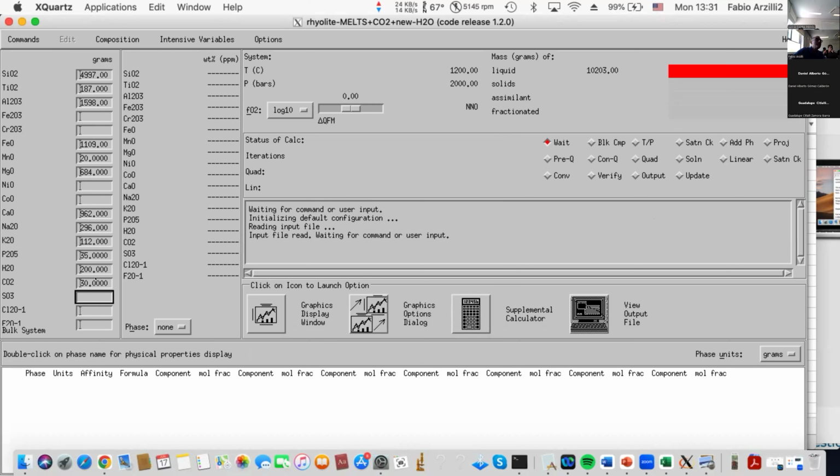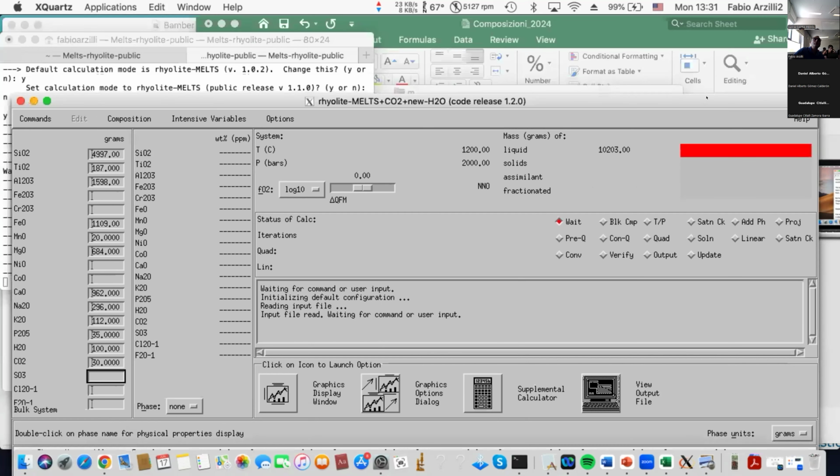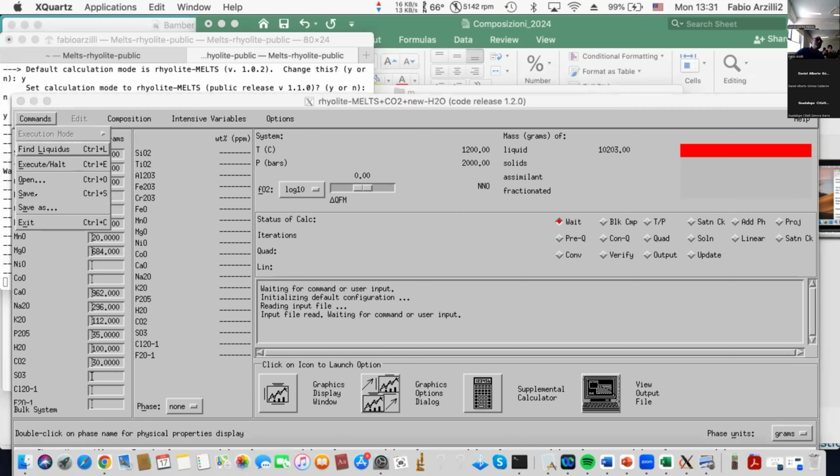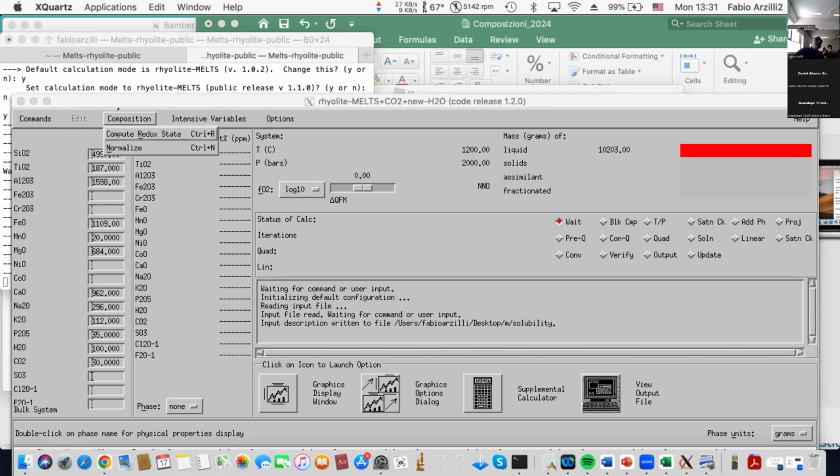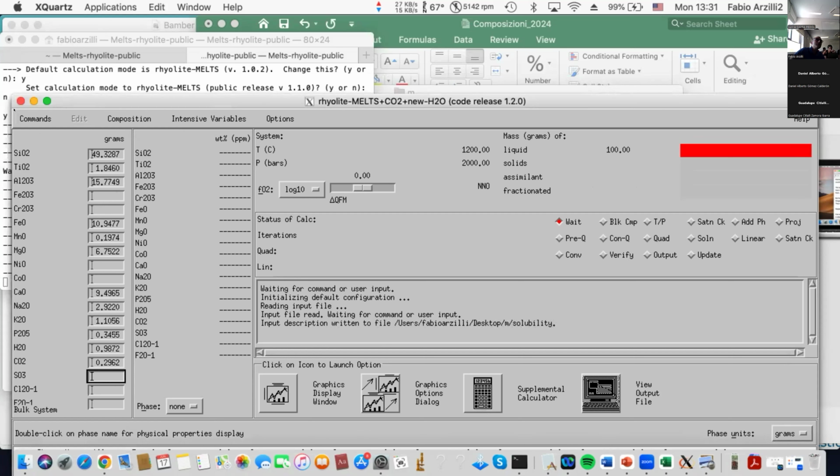If the CO2 is fixed, what we are investigating is the amount of water. So instead of 200, we put 100. We keep everything as before in terms of intensive variables. Normalize, and then I execute again.